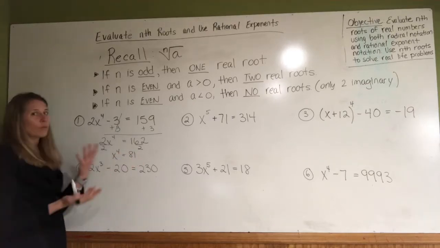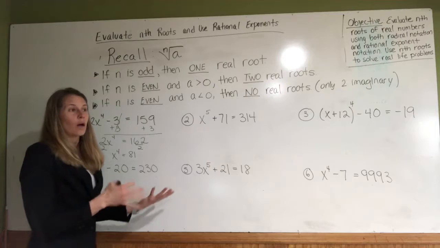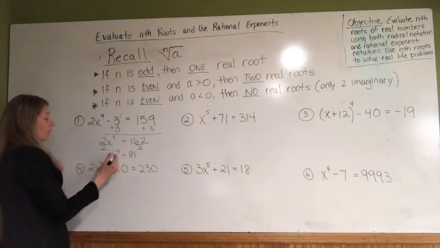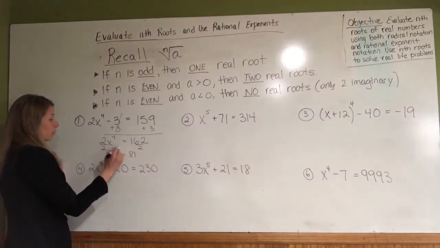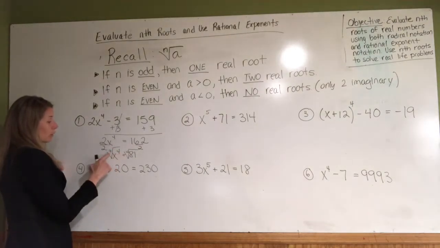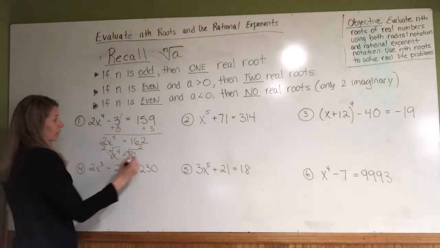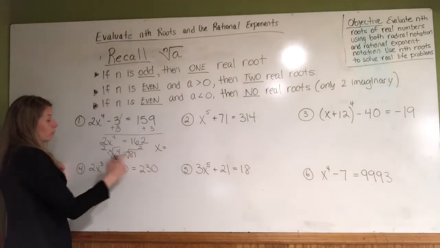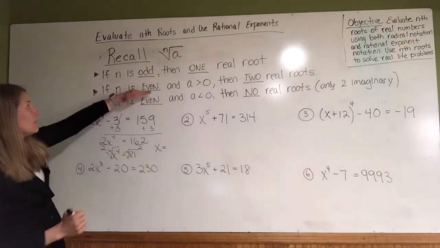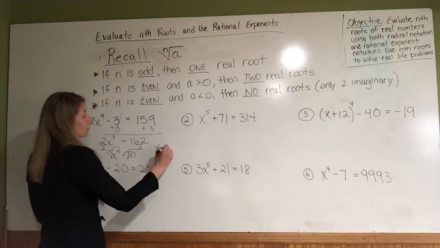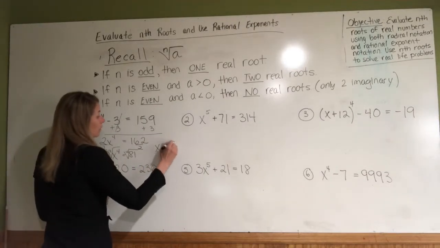And now, just like when you undo a square, you have to square root it. Same idea with any type of root. So if we have a 4th power, I'm going to 4th root both sides here. So the 4th root and the 4th on the x would cancel each other out. So basically I'm just left with an x there. And then the 4th root of 81, because it's an even root and 81 is positive, you're going to have two real roots, which are going to be positive and negative 3.